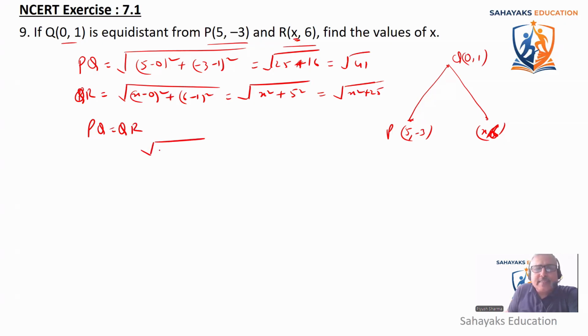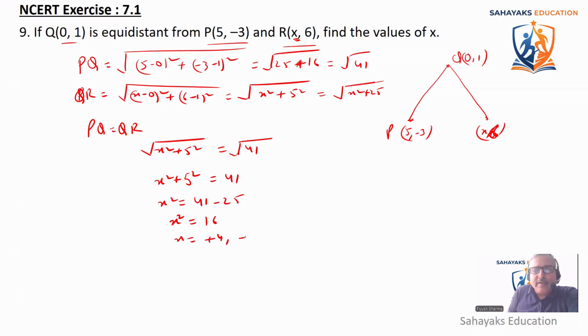So square root of X square plus 5 square is equal to square root of 41. So squaring both sides, it becomes X square plus 25 is equal to 41, or X square is equal to 41 minus 25, which is 16. X square comes as 16. So the value of X comes as plus 4 and minus 4.